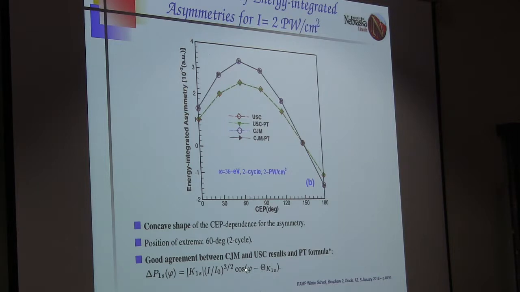This is the carrier envelope phase, and k, the magnitude, and theta k, the phase, are a complex dynamical parameter that can be fit to the two-electron time-dependent Schrodinger equation results that we obtain. And you can see that the fit is perfect. This form, analytically predicted, fits the numerical results perfectly and determines the values of these two parameters.